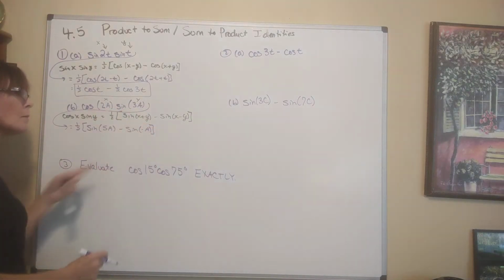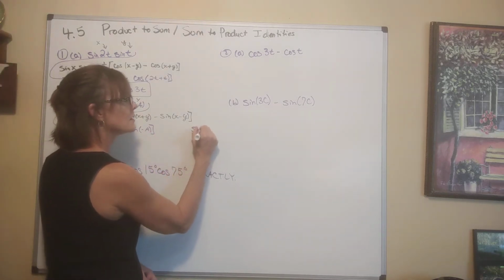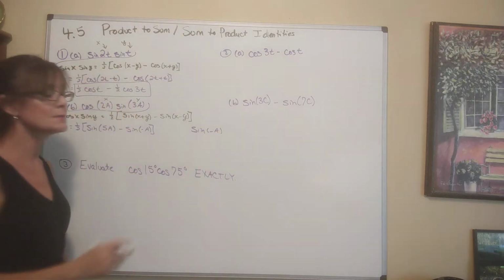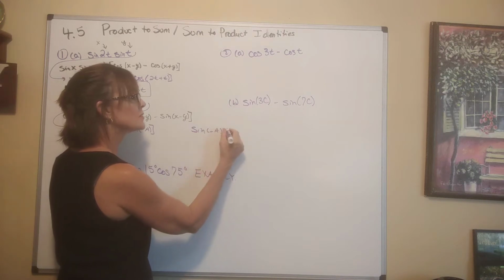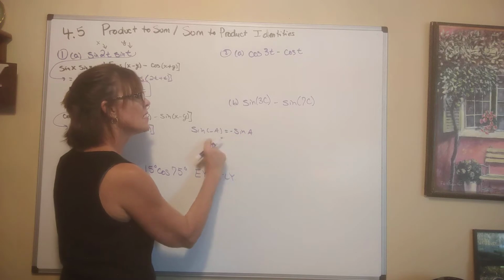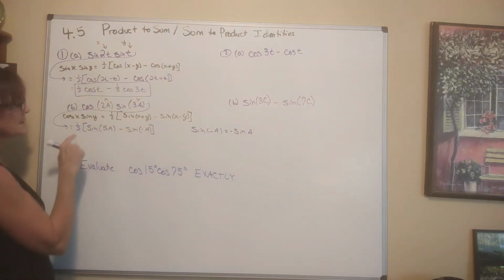Let us just look at this for a second. The sine of negative a. We have come across negative identities earlier in this chapter, and so we know that the sine of negative a is really negative sine of a, because this is an odd function, if you'll recall that. In this next step I'm going to do two things.